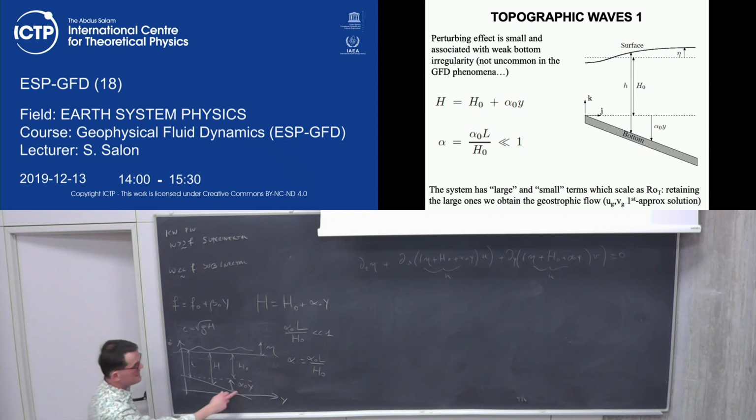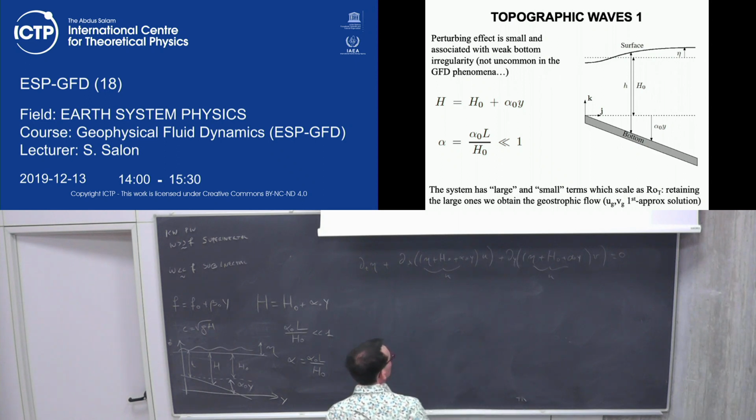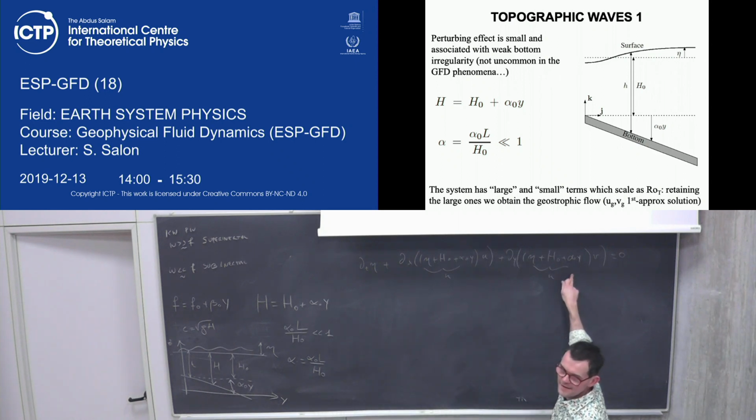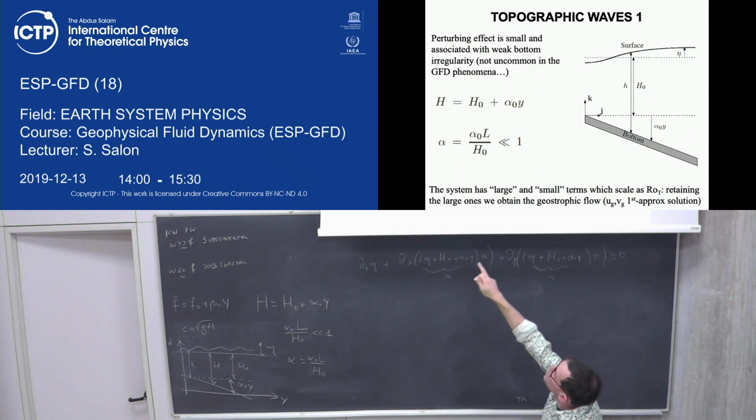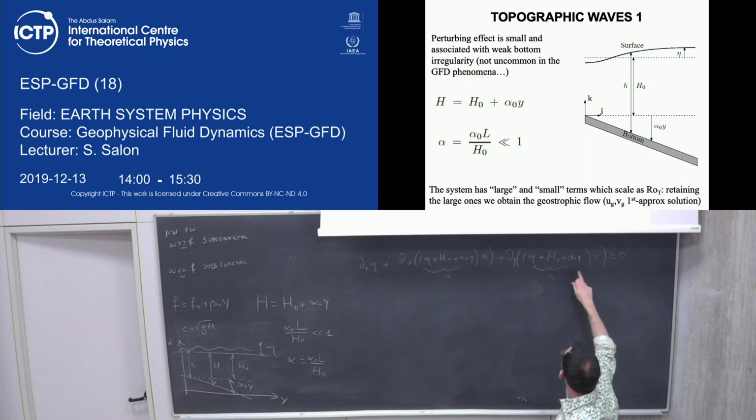Alpha 0 is a number, because this is of course a depth. So this is only a parameter. It's just the tangent of the bottom topography. So h0 plus alpha 0 y could be taken out from the d_x expression, yes? But not here. That's why if we work on the simplified continuity equation, we will lose this term here.